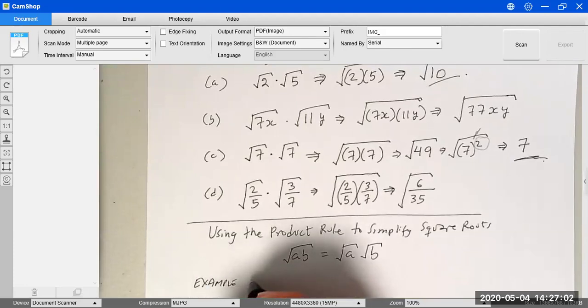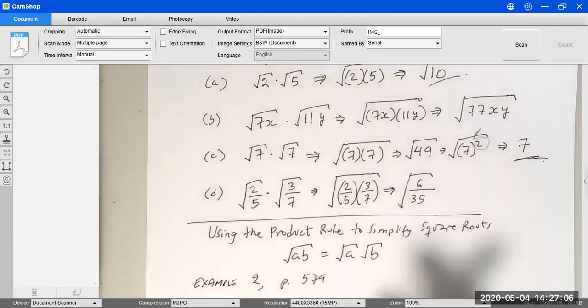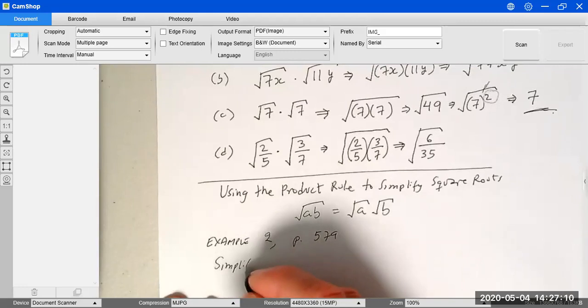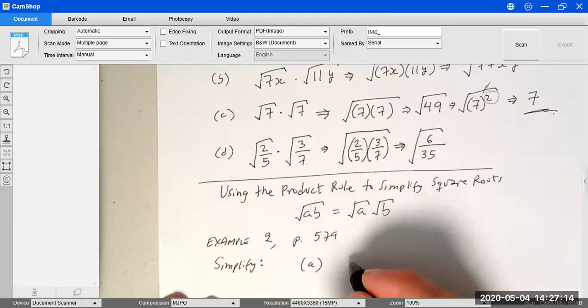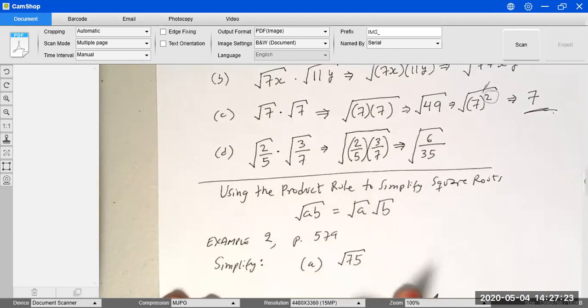So we have example 2 on page 579. So we're going to simplify. Our first case is just the square root of 75. Now this is the very important part.